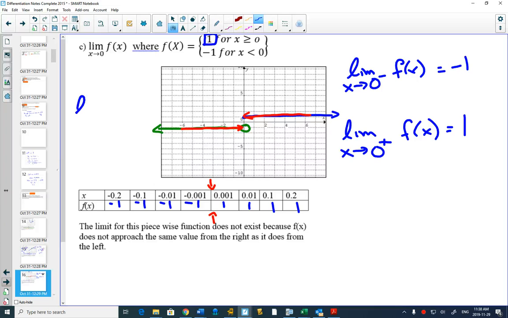So we can write that out. Limit, this is how you could write it, x goes to 0 of f of x does not exist. It's not possible. So even though you can plug in 0 and get a value, the limit doesn't exist.